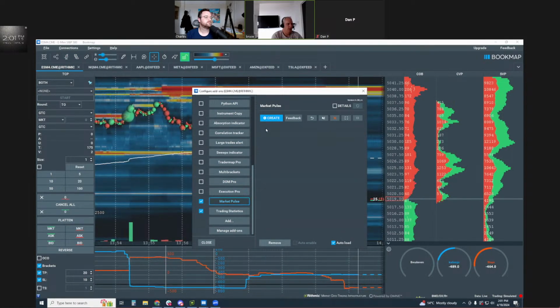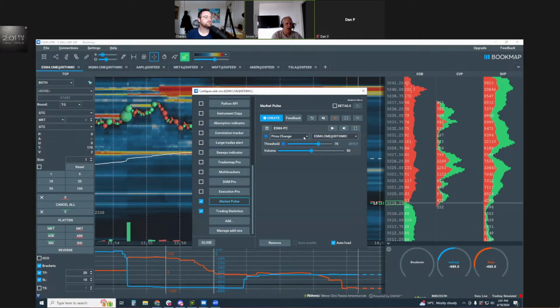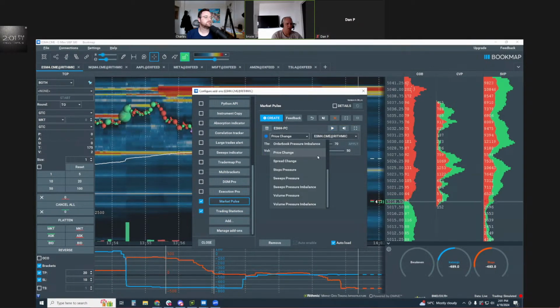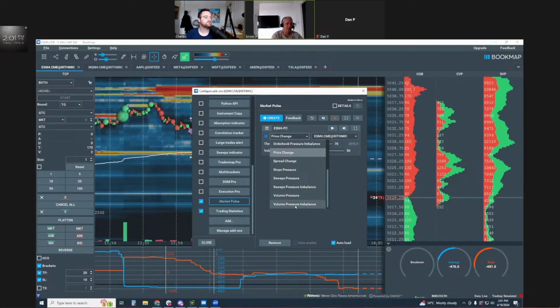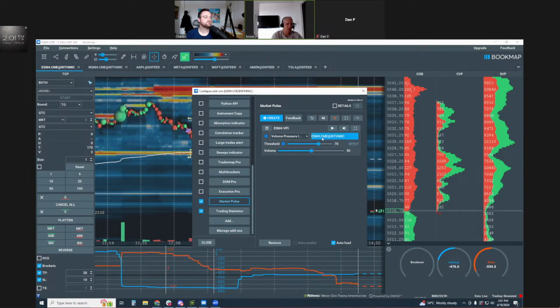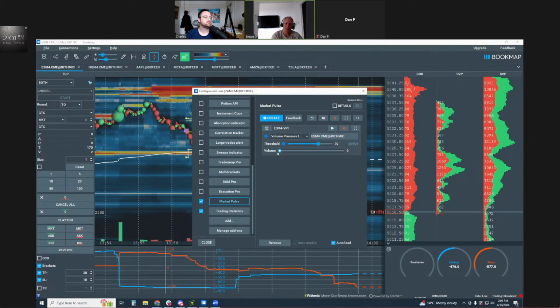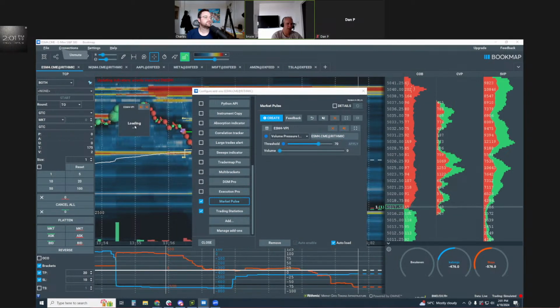So we click on Market Pulse, we click on Create, and then here we have all the algos that you can use, and there's a lot now that we've developed. We're going to look at volume pressure imbalance for the ES. Actually, I'll bring the volume all the way down to 0, and click on play, and this will show us our volume pressure.